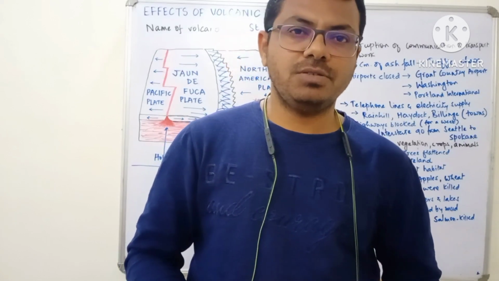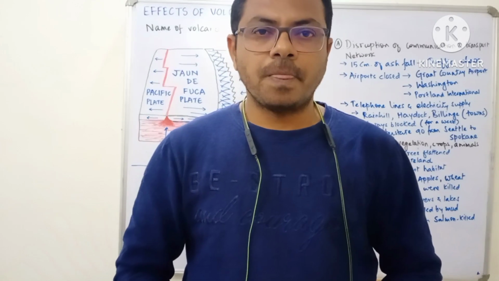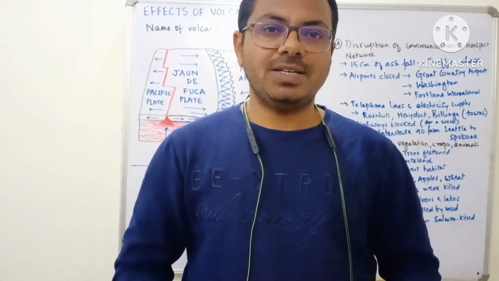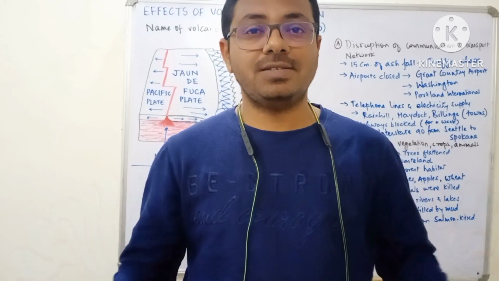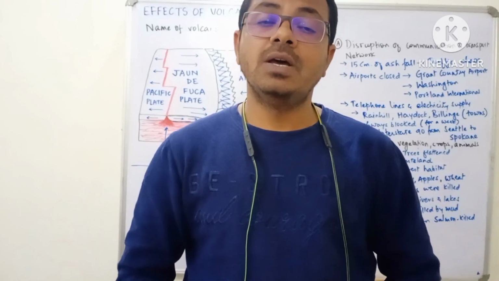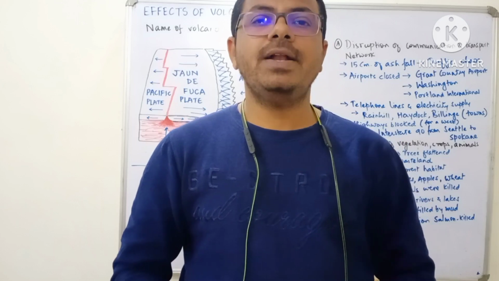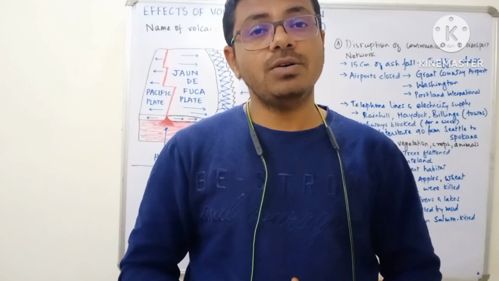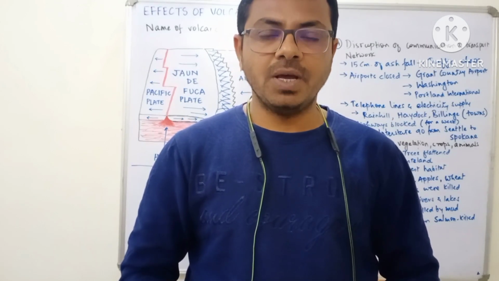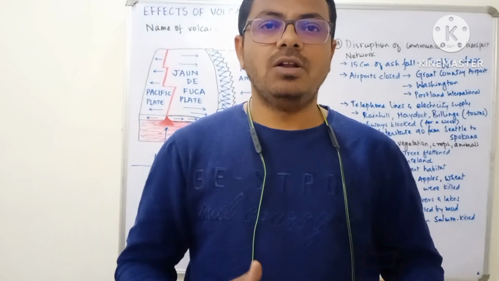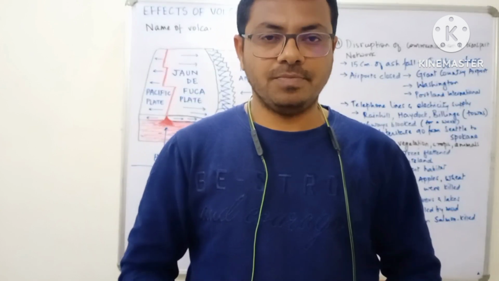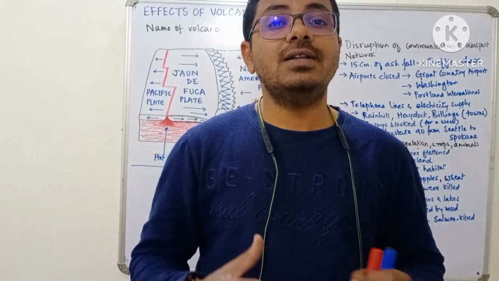It causes disruption in the system which exists over there, or various systems it affects. In the same way, on 18th May 1980, when Mount St. Helens erupted in North America, it also caused a lot of disruptions. So we are going to talk about what the effects are.